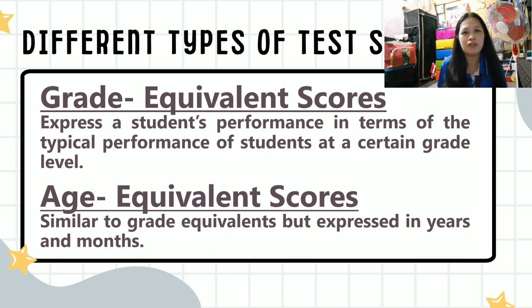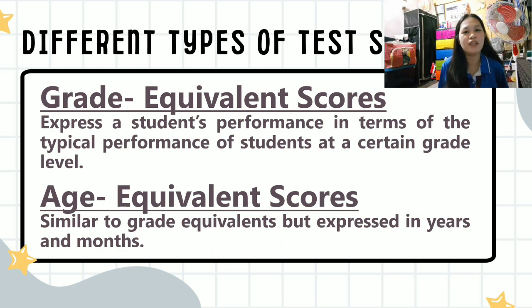Like, for example, 8 years old, then gi-take niya nga exam sa mathematics and iyang age equivalent score is 10 or naa sa 9. And then, ang performance sa student nga 8 years old is good ra nga advance kay iyang learning.